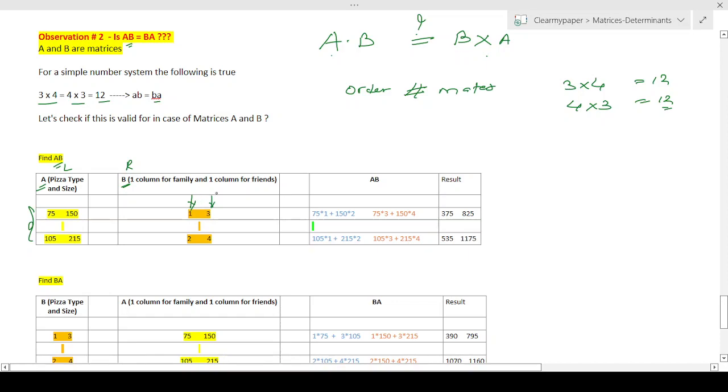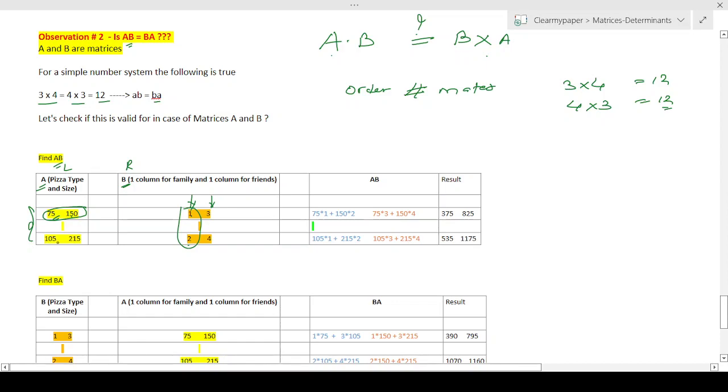What the computer will do, or how you will do it, is apply the same algebra that we discussed. You will take this row and this column first and do the multiplication and the addition, like here 75 into 1, plus 150 into 2. That will be the first entry. The next entry, you take the same row and the next column.